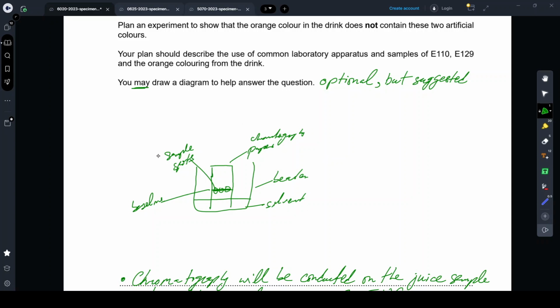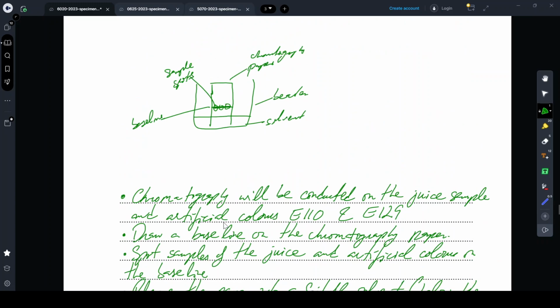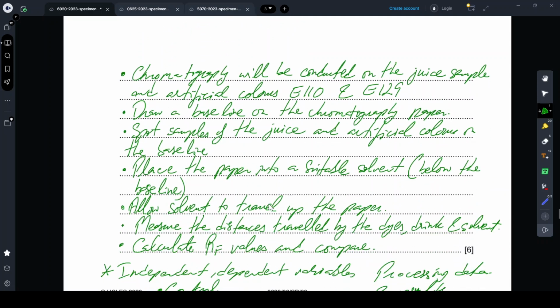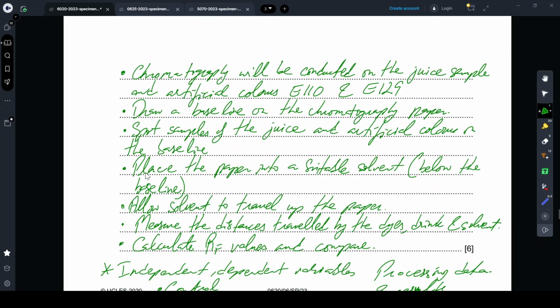Some students explain less. They think, I've already given the experimental setup, so I don't need to mention all of this. So they only mention, for example, these 3 points: allow the solvent to travel up, measure the distances, get the Rf value. Why?